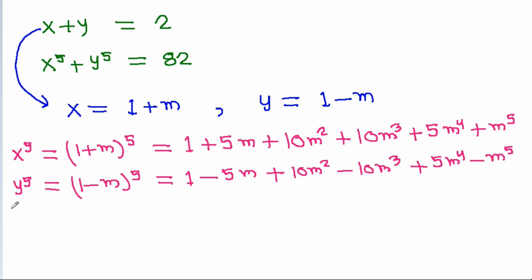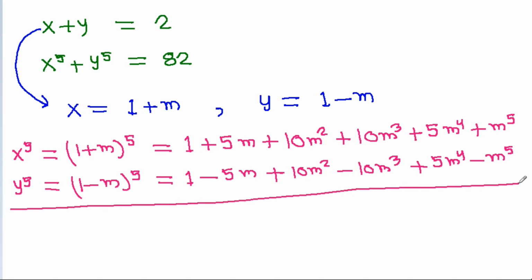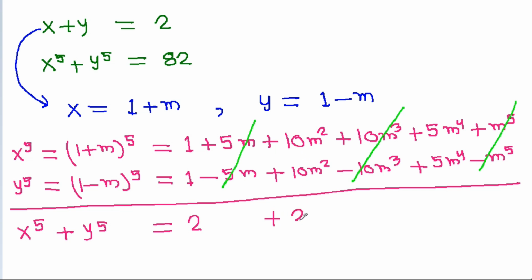And if we add these two equations, then we will get x power 5 plus y power 5 is equal to, 5m will get cancelled, 10m cube will get cancelled, and m power 5 also gets cancelled, and 1 plus 1 is 2, plus 10 plus 10 is 20 m square, plus 5 plus 5 is 10 m power 4.